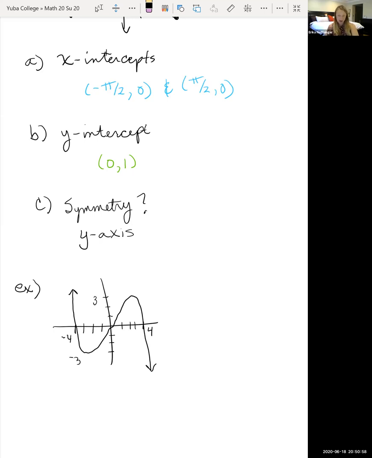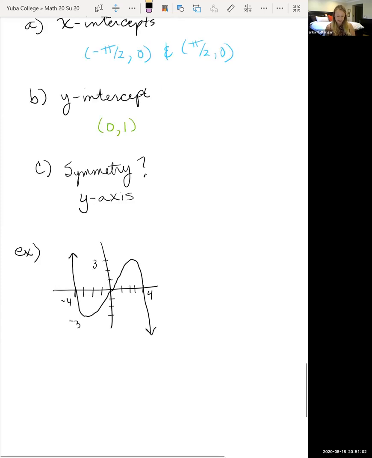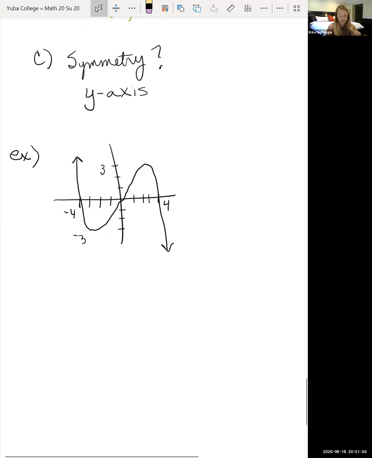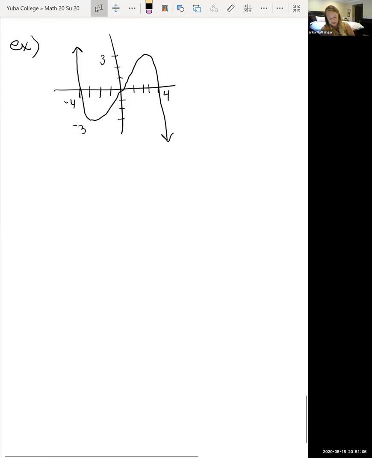Okay, so looking at the picture, you should be able to identify what the x-intercept is, what the y-intercept is, and if there's any symmetry, what is it? So x-intercepts, where it's crossing the x-axis. So we actually have 3 places where it's crossing the x-axis.